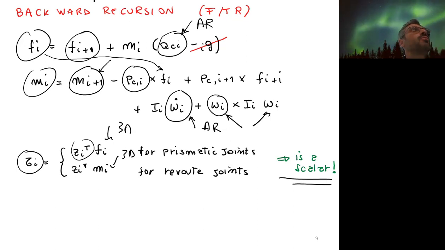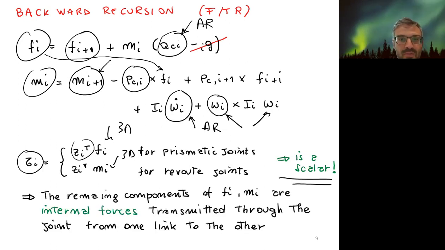What do they represent? They represent what we call the internal forces transmitted through the structure from one link to the other. Remember the generalized coordinate definition: the joint allows only one motion, and all the forces in other directions than the motion that is allowed are internal forces that go through the structure.